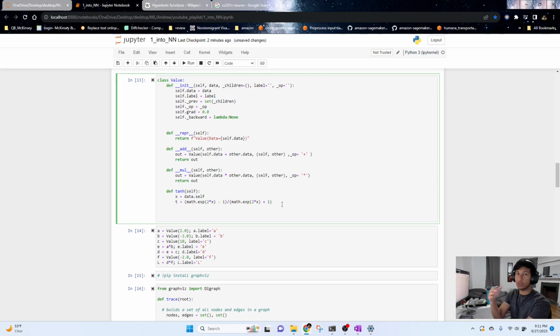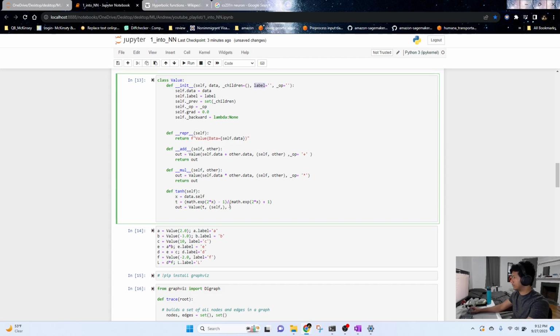Now, since we want to visualize this in the graph, we would like to place that in a Value class with data that is t, and then children. Since it basically does not have any children, we can just do it as self, a single tuple.